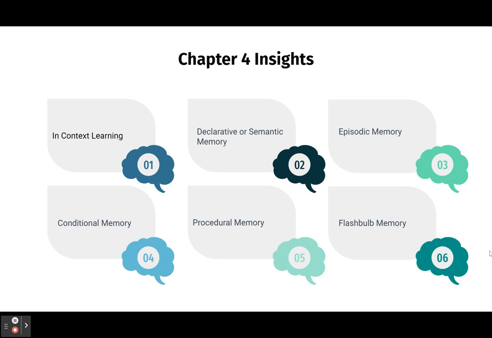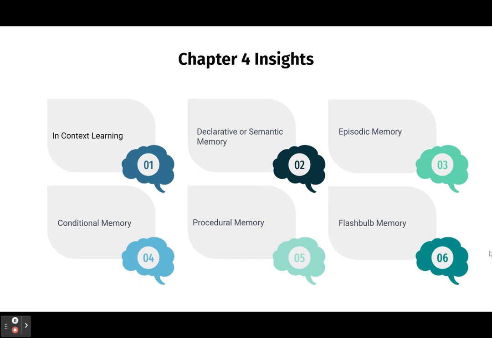Dirksen also highlighted a lot of different types of memory on top of just the normal sensory, short-term and long-term. She did discuss declarative or semantic memory, which is memorizing facts and principles and ideas. A lot of the time, that's what our students are doing in our classrooms. There is episodic memory, which helps with stories that make information more memorable.